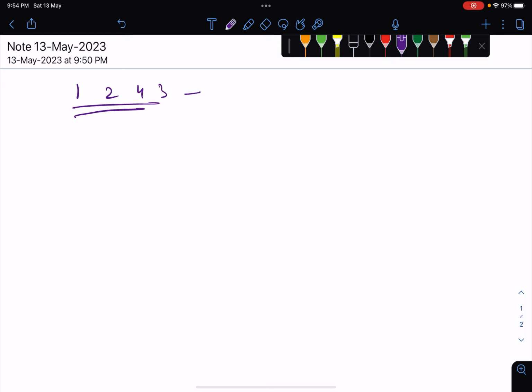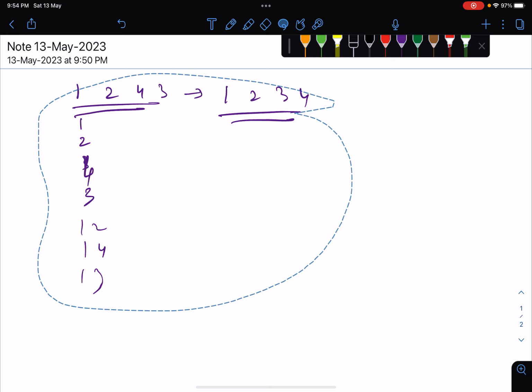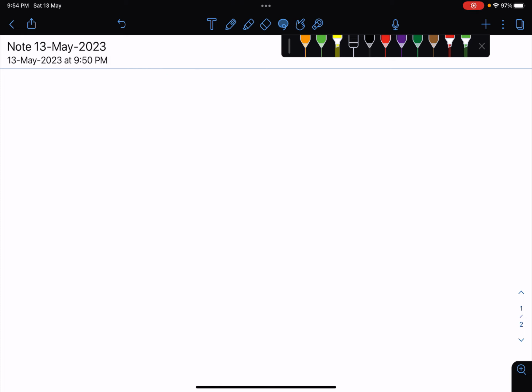For example, 1 2 4 3 will generate the same set of subsequences as 1 2 3 and 4. Because the subsequences here will be 1 2 4 3, then 1 2, then 1 4, 1 3 and so on. Similarly the same subsequences will be generated by this as well, right?